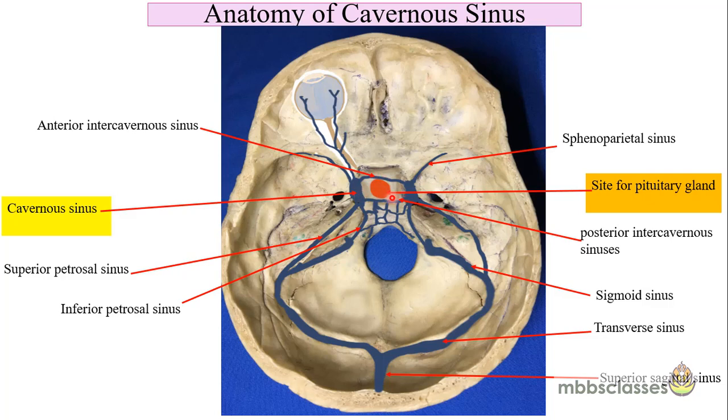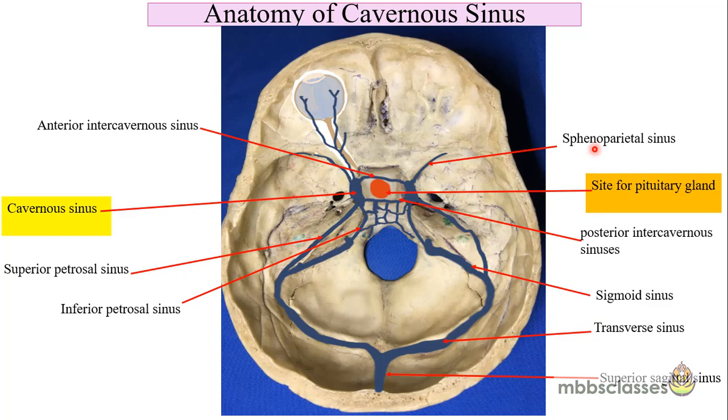Here in this figure, we can see the different other sinuses. Cavernous sinus is one of the paired intracranial dural venous sinuses. The other paired intracranial dural venous sinuses are the superior petrosal sinus, the inferior petrosal sinus, transverse sinus, sigmoid sinus, sphenoparietal sinus, and the petrosquamous sinus.